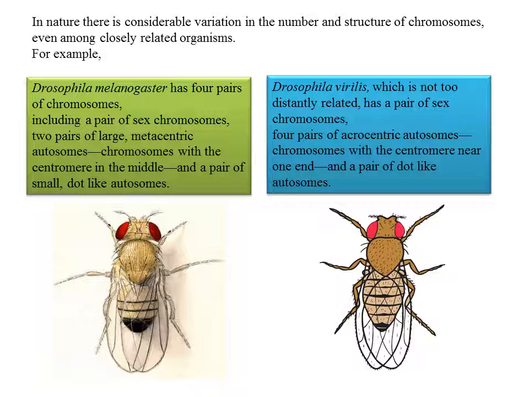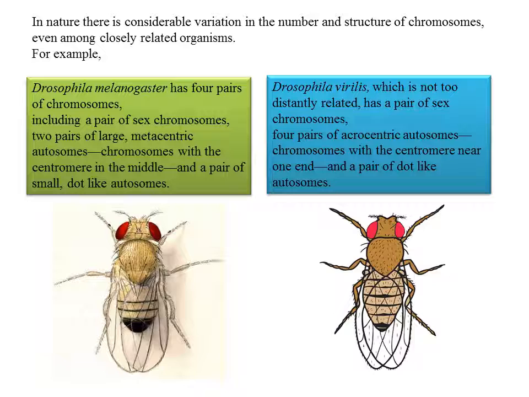Whereas in case of Drosophila virilis, four pairs of acrocentric chromosomes are present. They are called acrocentric because centromeres are found near one end of the chromosome. So that is the difference between Drosophila melanogaster and virilis.